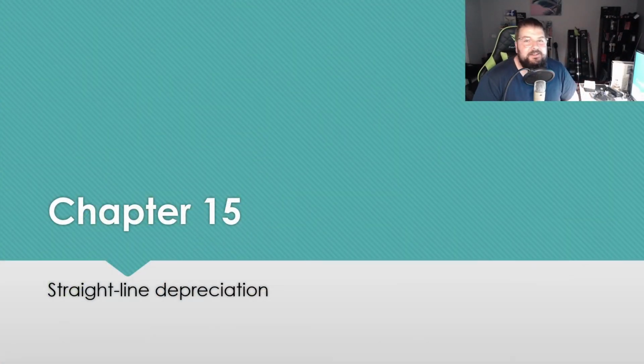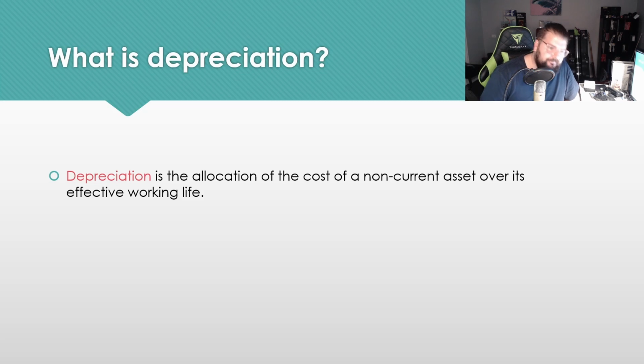So, as I said, today we're looking at straight line depreciation. And the first thing that we really need to consider is, what is depreciation? So depreciation, its official definition is the allocation of the cost of a non-current asset over its effective working life. And what does this mean?